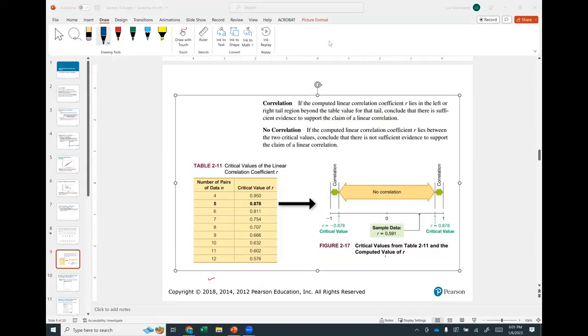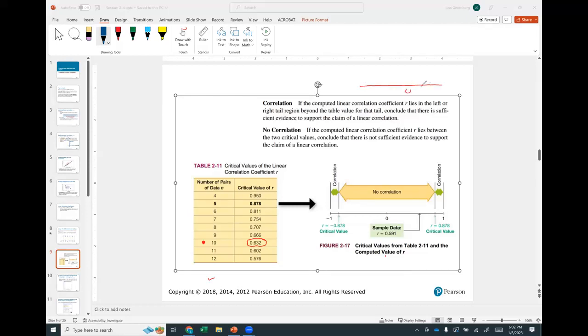So let's say I talk to 10 people. So I have 10 pairs of data. That means I have a critical value for my R of 0.632. I'm going to come off of this graph and just draw it up here.